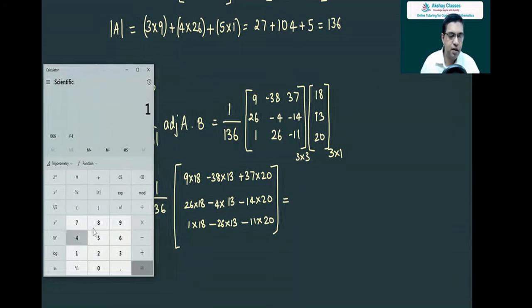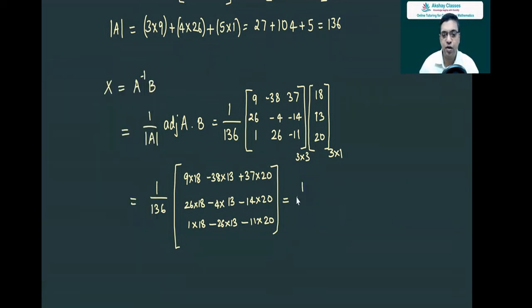So we have 18 into 9, 162, plus 37 into 20, minus the second term 38 into 13. You get 408. So 1 by 136, 408.